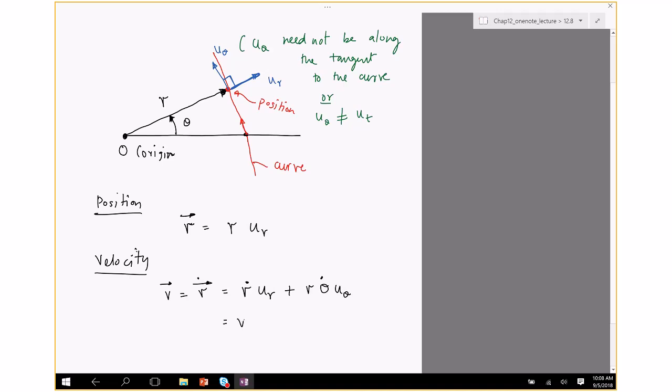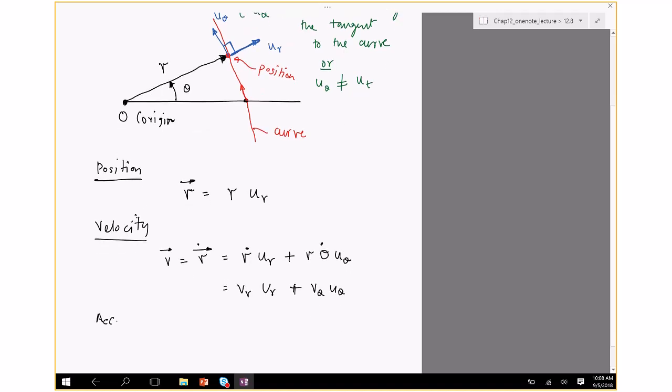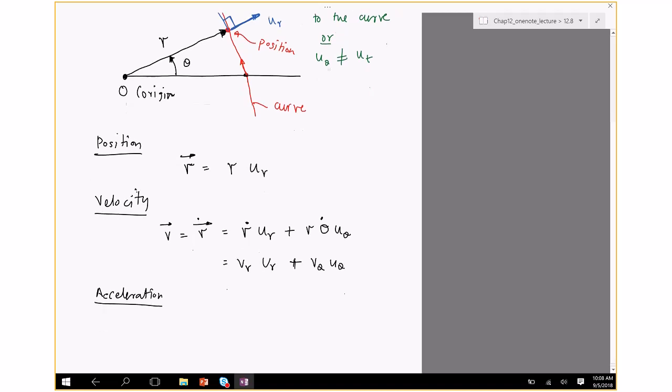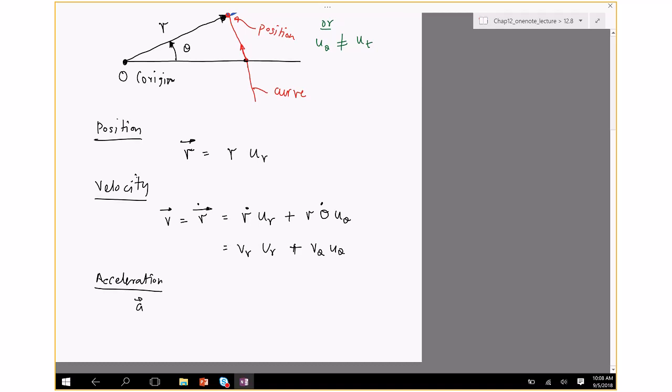Another way of writing this is vr ur plus v theta u theta, where vr represents the r component, and v theta represents the theta component. And then finally, acceleration, a is the rate of change of velocity. That expression is, again, you can do this derivation, it's in the book.